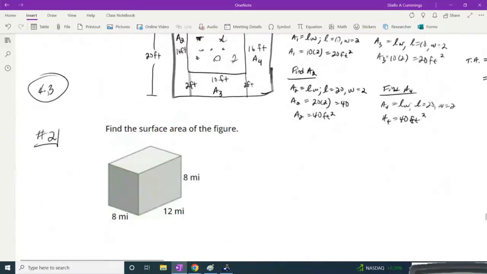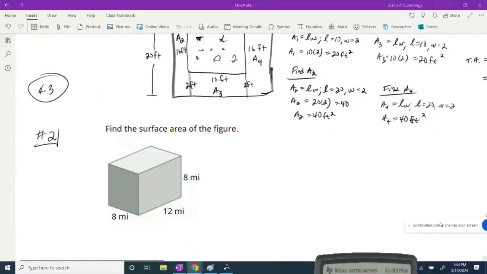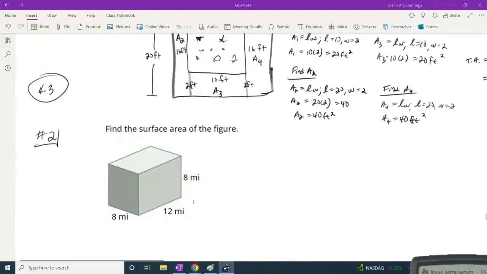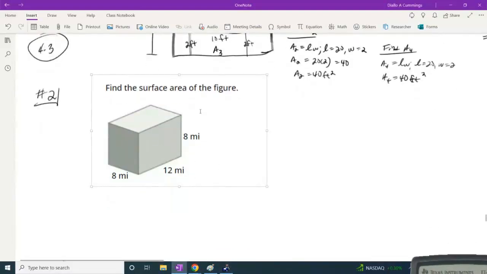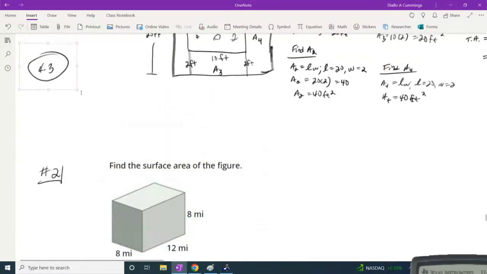Okay, now we're going to get into the next section, which is actually surface area. And I'm going to move this down some. All right, so before we get into 4.3, let's take a look at some formulas.